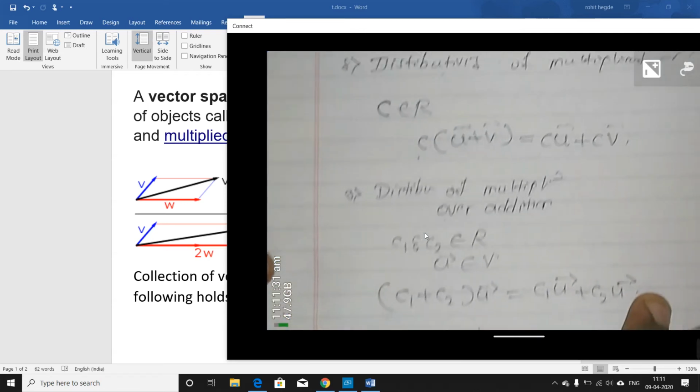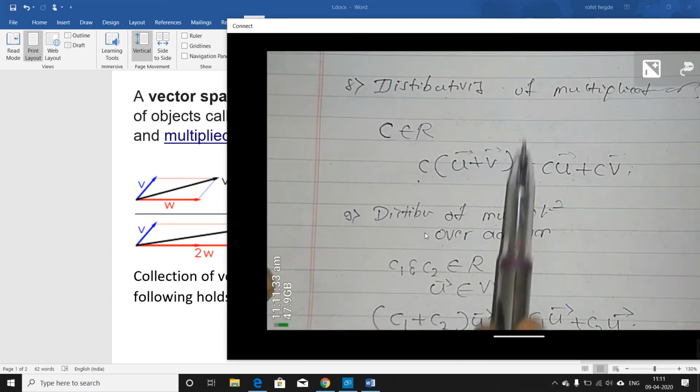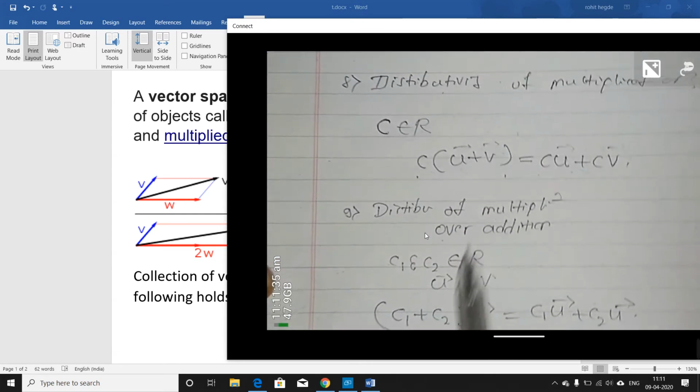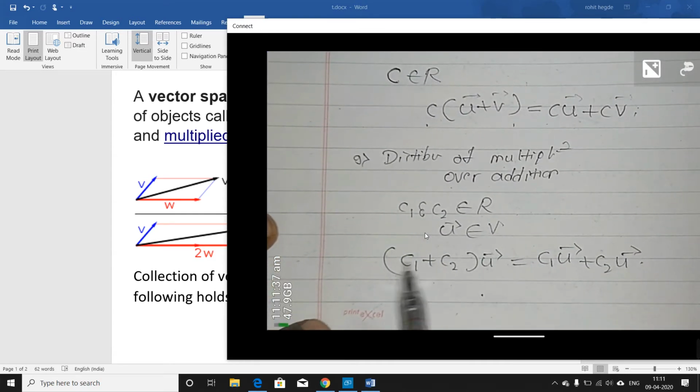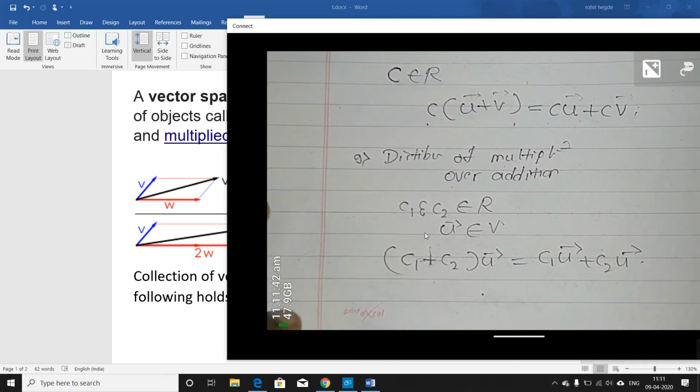The previous one is the distributivity of multiplication, and this is the distributivity of multiplication over addition.